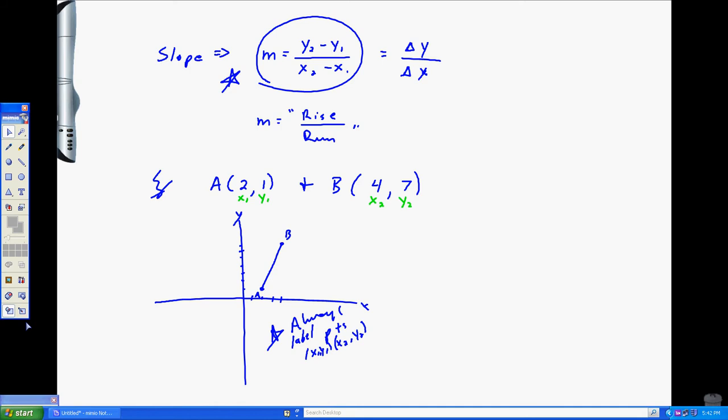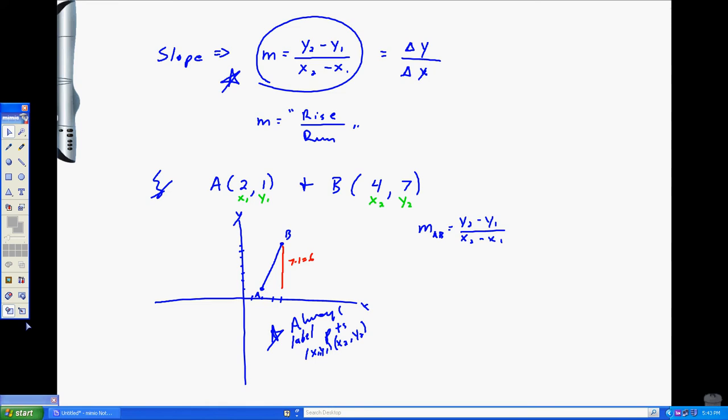So, calculating the slope. The slope from A to B is the rise, the change in your y value, over the change in your x value. So again, if you look here, the rise of this line goes all the way from 7 to 1. 7 minus 1 is 6.